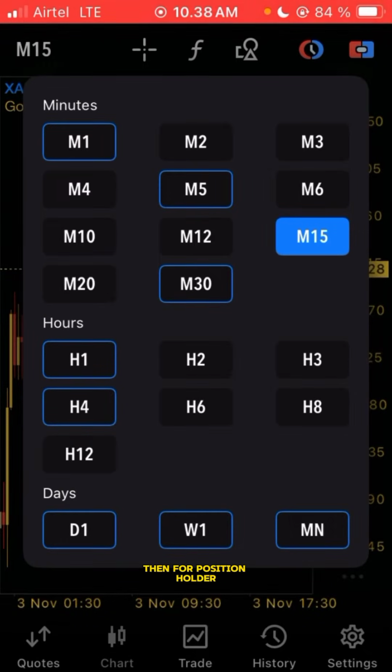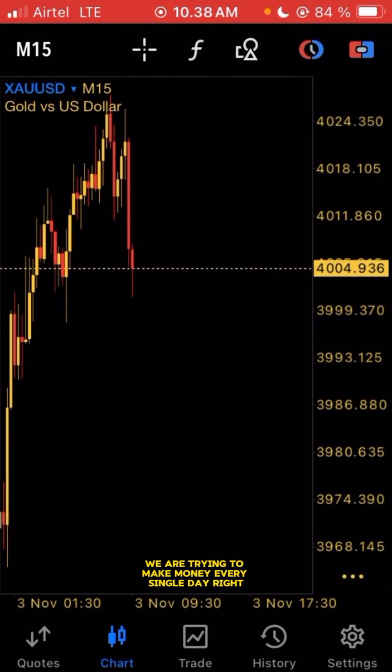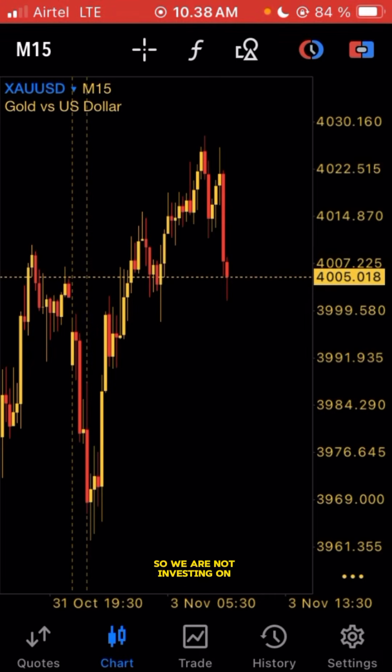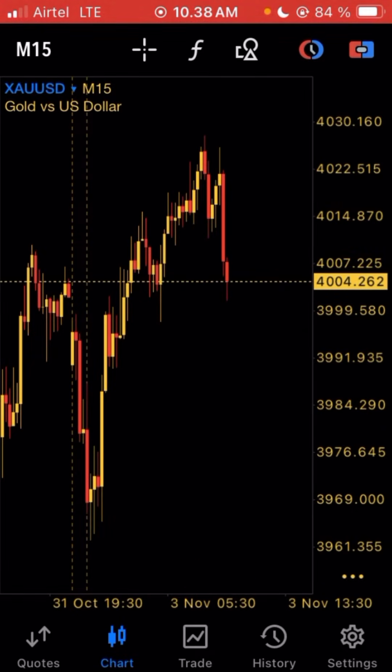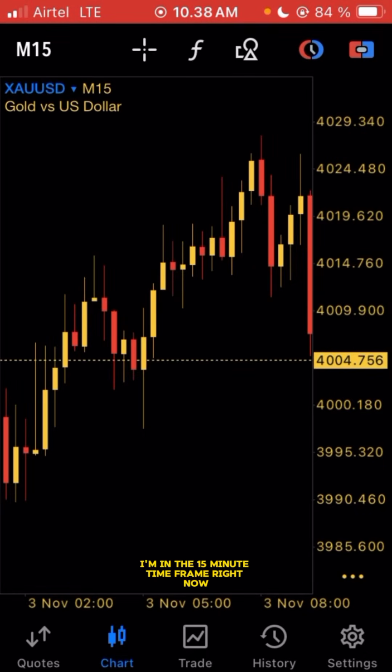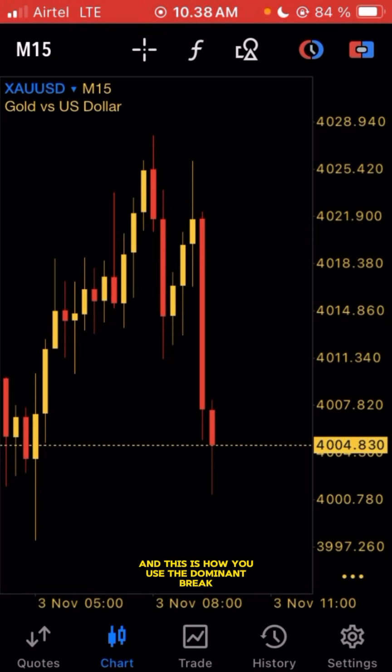Then position holders, who hold their trades for years and are investors, use the daily. But of course we are trying to make money every single day, right? So we are not investing long term. This is actually trading. Now I'm in the 15-minute time frame right now, and this is how you use the dominant break.